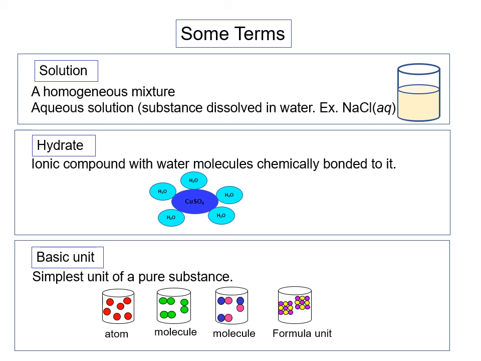And one other thing to remember is that the words compound, element, and molecule cannot be applied to mixtures. Those can only be applied to pure substances. So the only terms that can be applied to mixtures are either heterogeneous or homogeneous. That's it. No other terms can be applied to those.